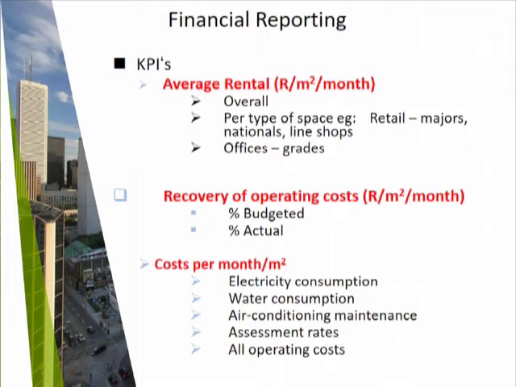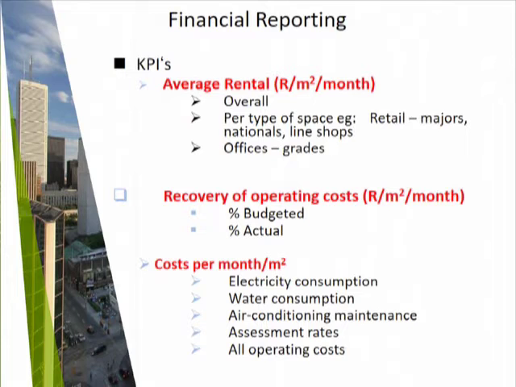If you now look at the financial reporting and you look at how you would like to be measured as a financial manager or manager of that building, there are a number of so-called key performance indicators. And these are just ratios which you can use to indicate whether you are doing a good job or whether the property is performing as it should.